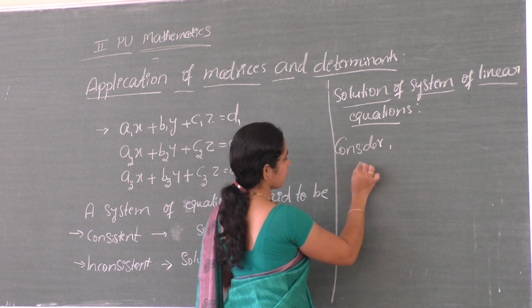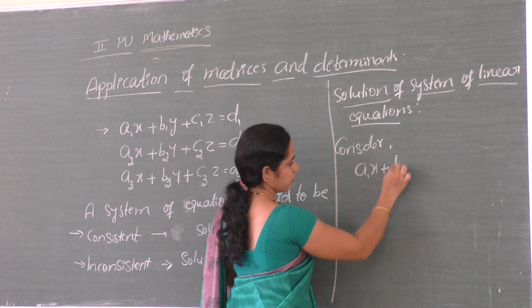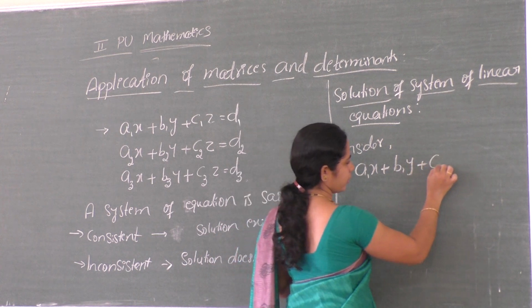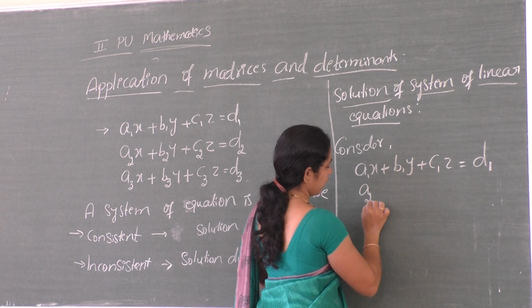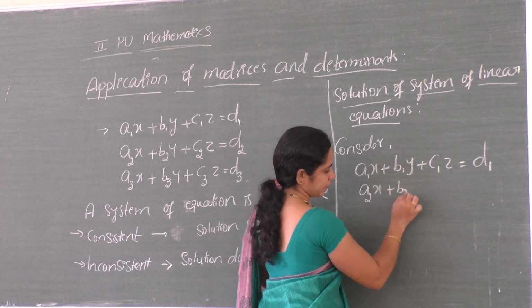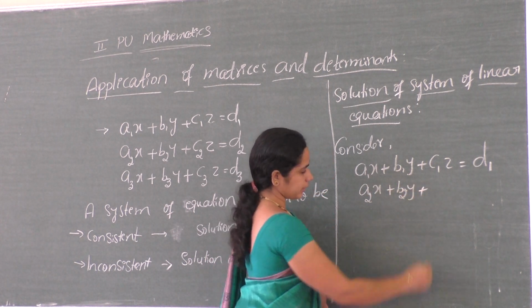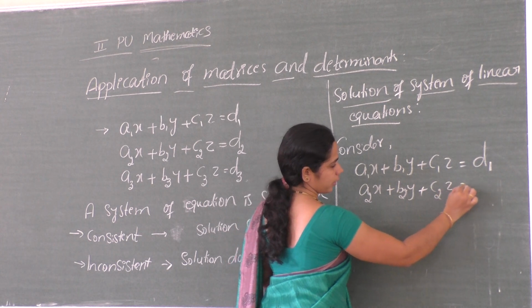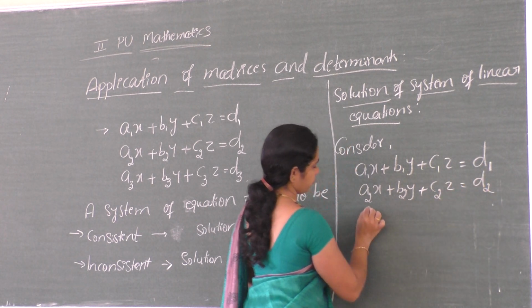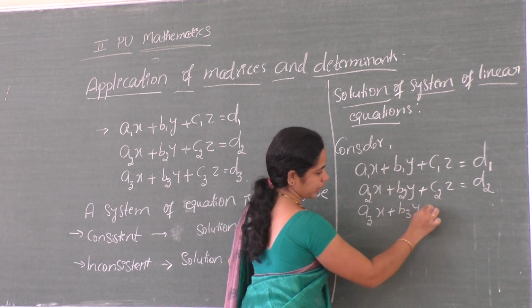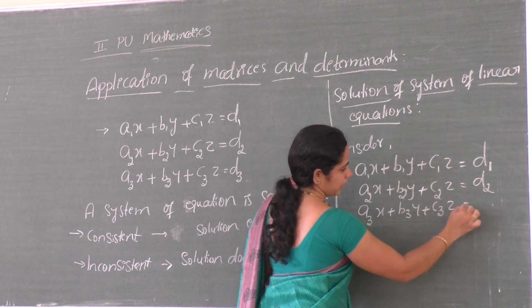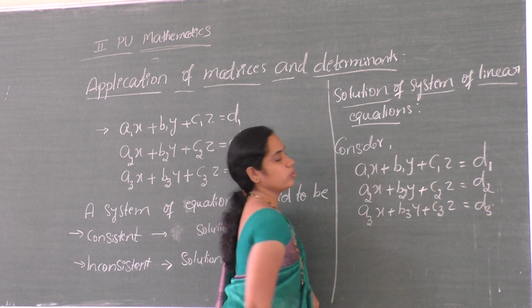In general, the same system: a1x plus b1y plus c1z equal to d1, a2x plus b2y plus c2z equal to d2, a3x plus b3y plus c3z equal to d3.